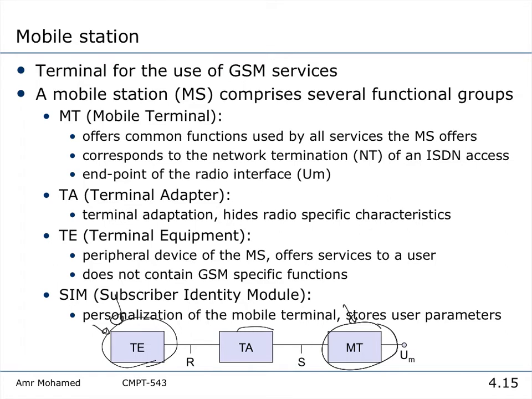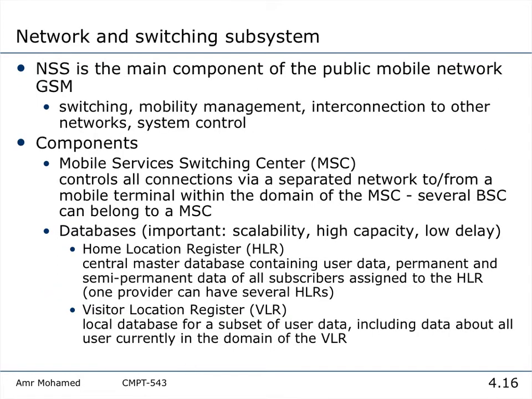Okay. So of course here this is the interface, which is used to communicate with the base transceiver station. So these are the subcomponents inside the mobile station or the mobile terminal.